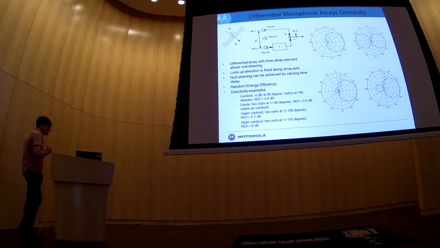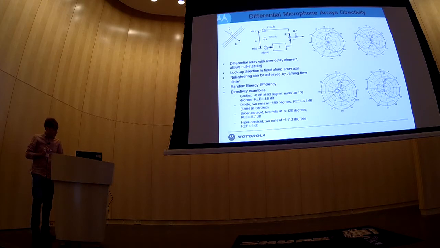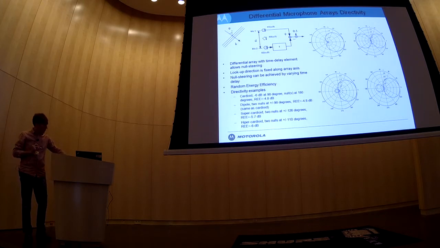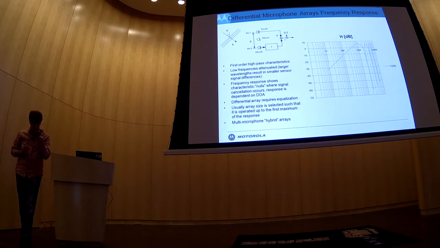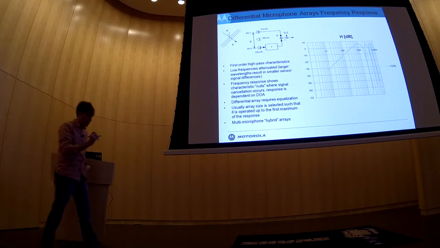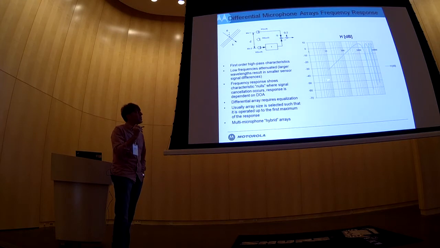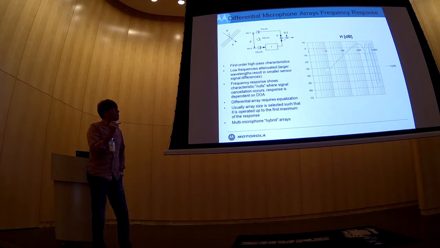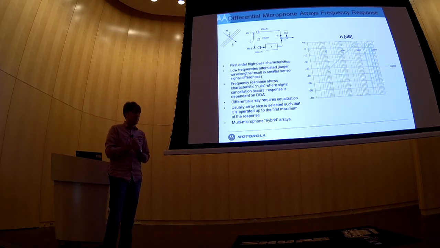Okay, now we said that this is all fine, and let's look at what happens with the frequency response of this system. And this is what happens. It's a first-order high-pass system, and from some frequency onward, downward, the system attenuates.